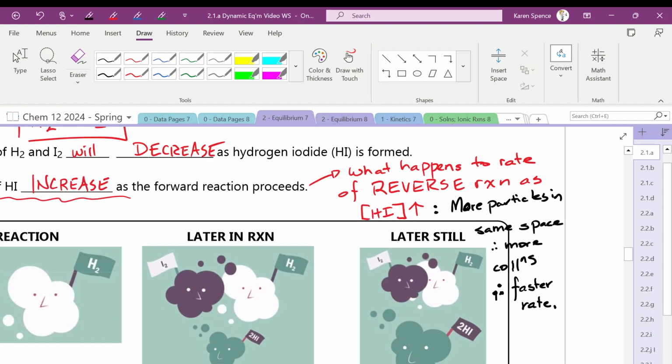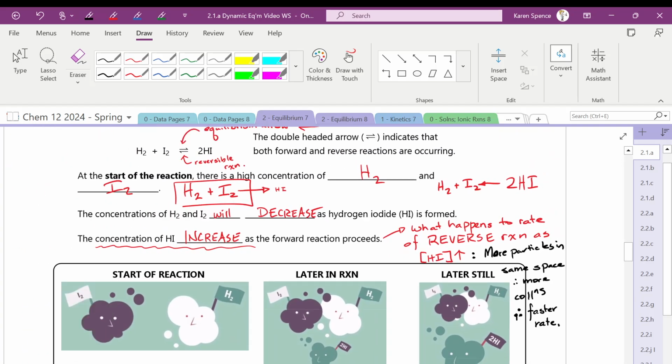That would be a bit nicer language, but I don't have a lot of room to write there, so I'm just going to write more collisions.